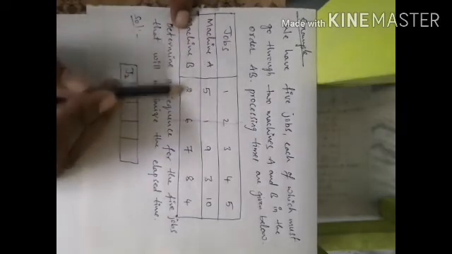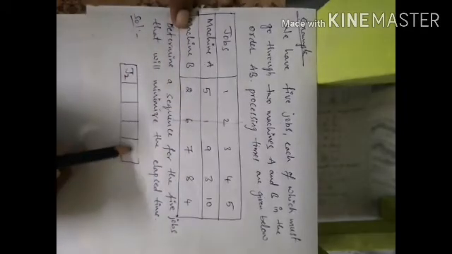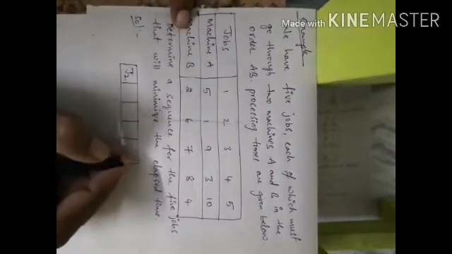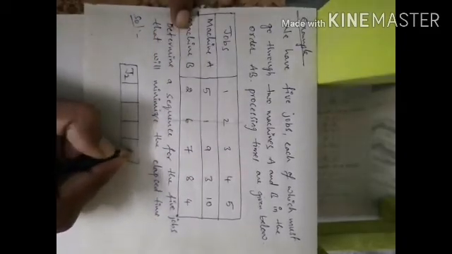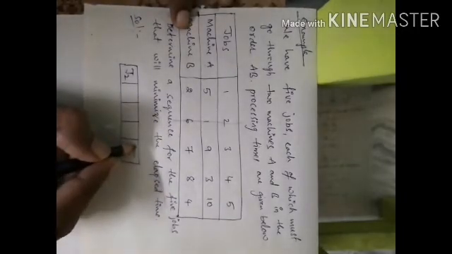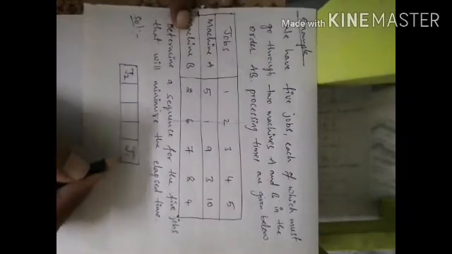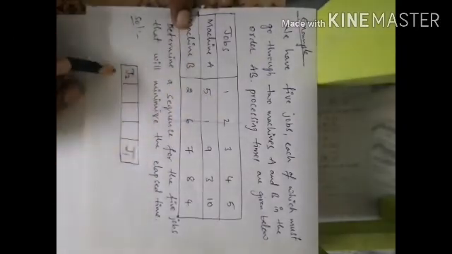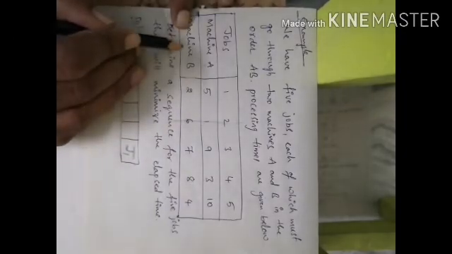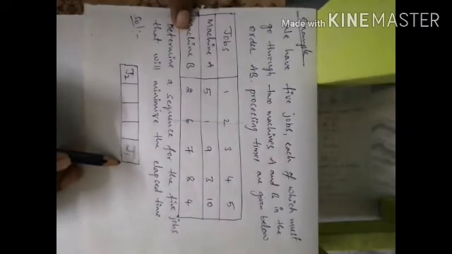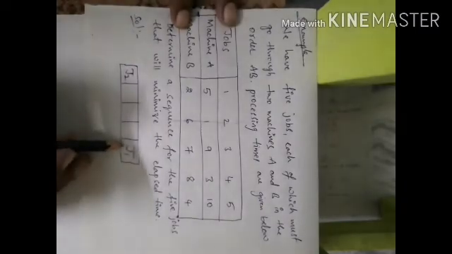When machine B has the minimum time, you need to assign that job to the left-hand side. So J1 is assigned here for machine B. Whenever machine A has the minimum processing time, we assign to the right side. Whenever machine B has the minimum processing time, we assign to the left side. So J1 is assigned.